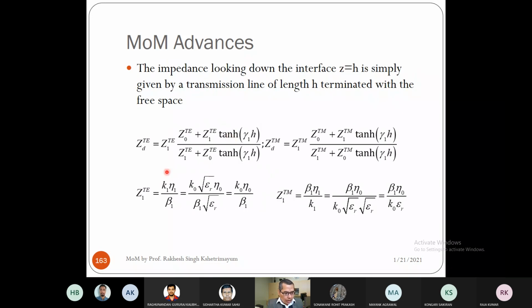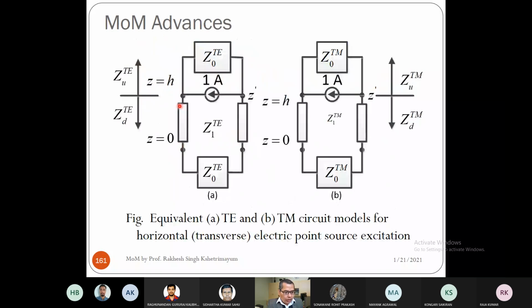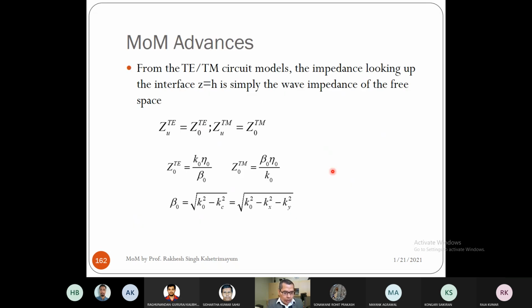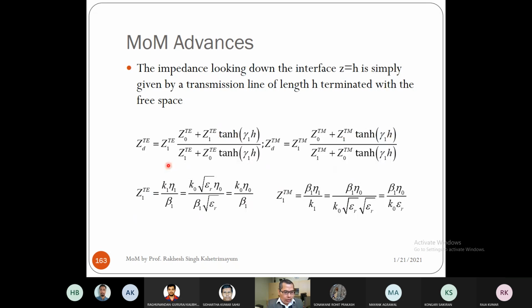How about Z down T and Z down Tm? When I look down from here, I see a transmission line of length H, and it is loaded with Z naught T. Similarly, when I look down, I have a transmission line loaded with Z naught Tm. When I have a transmission line loaded with this load, from the impedance transformation formula for a transmission line, I can easily find out the impedance.